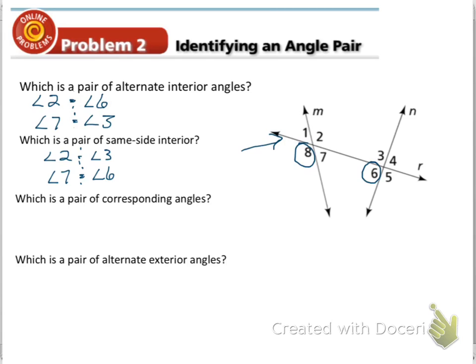See how it's on the same side as the transversal, but one is on the outside of the two lines and the other one's on the inside. So we would say that angle 8 and angle 6 are corresponding angles.